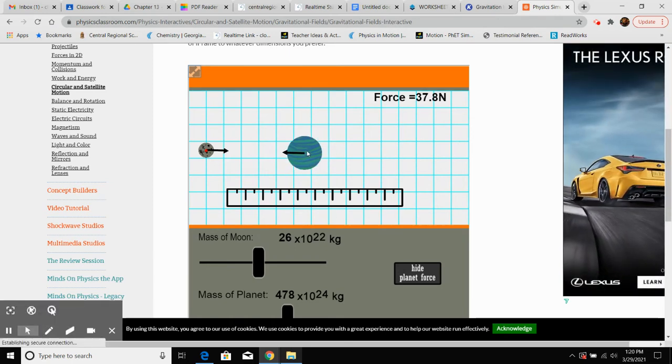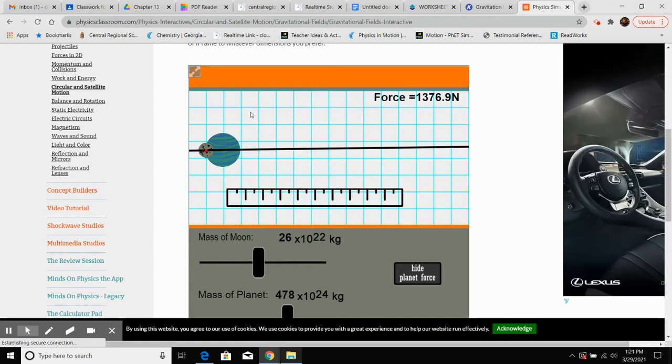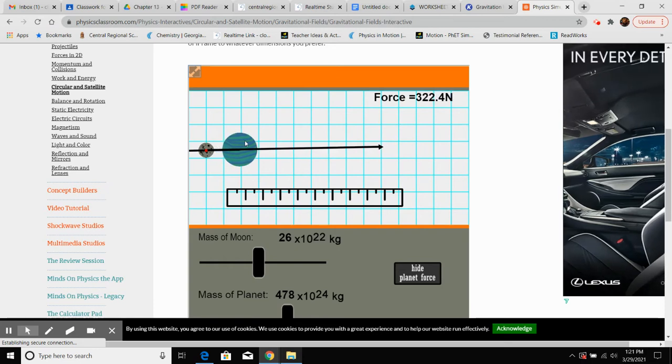Now we can drag the moon and move it so that it's one distance away. So what does that mean? I want the center of the Earth to match up with each one of the following guys. So actually, let's put it here.